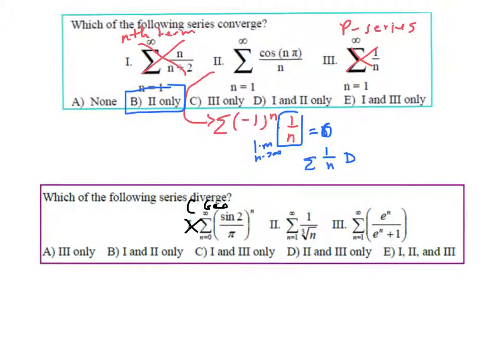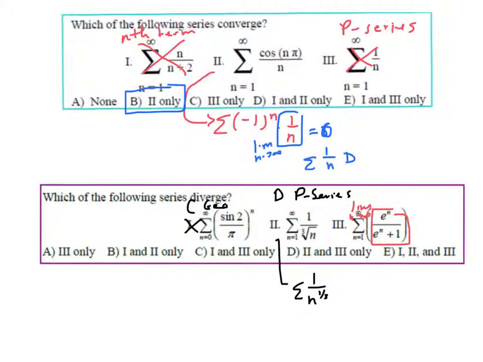The second one I could rewrite as n to the 1/3. So this is a divergent p series because it's a constant over n to a power, and the power is less than 1. And this last one, e to the n over e to the n plus 1, you could maybe use a couple tests, but I think the easiest way is to look at this and ask, what's the limit as n goes to infinity?